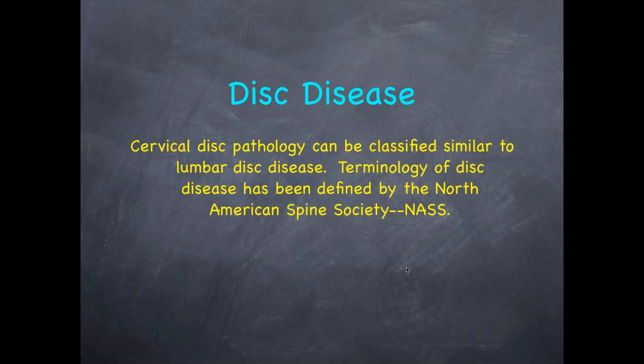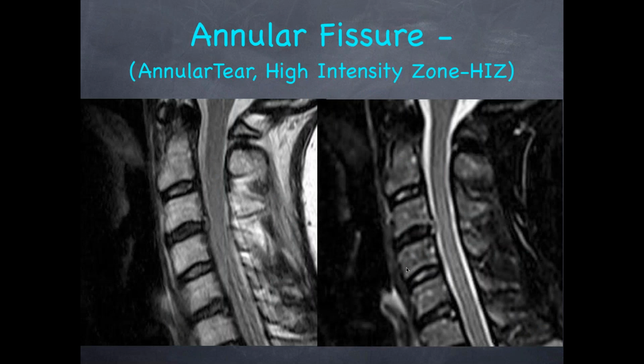And then typically you use the same nomenclature for cervical disease as we talked about with the lumbar disease. I like to use a North American Spine Society classification. And you can see annular fissures up here, just like you can see in the lumbar area. And they have the same significance here and down here.